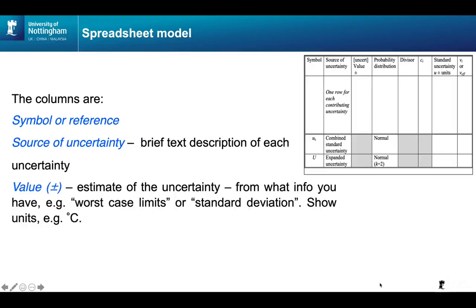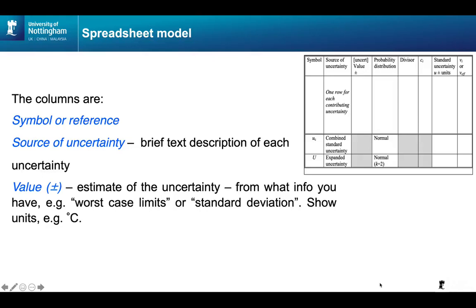The value, this is the estimate of the uncertainty from what you have, so that could be a standard deviation, could be a limit, etc. It's essential that you put in the units, because if you've got different units, for example mass in kilograms and diameter in meters, you can't add those up.